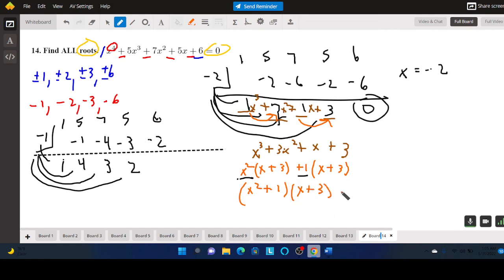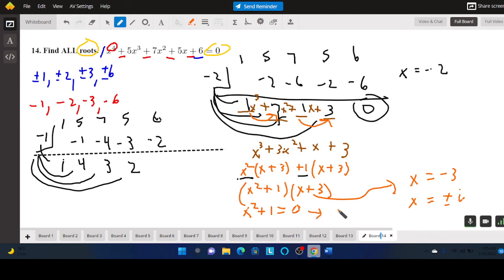The root we get from this is x equals negative 3, because negative 3 will make that 0. And x squared plus 1, the root you get from making x squared plus 1 equal 0 is plus and minus i. Why?